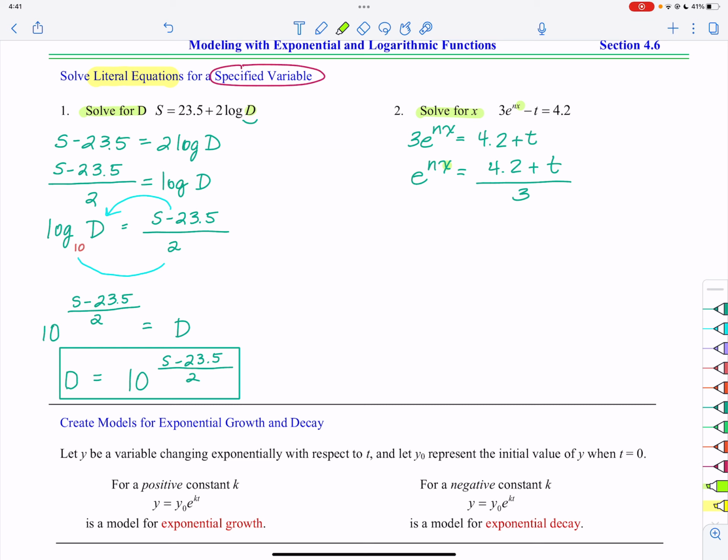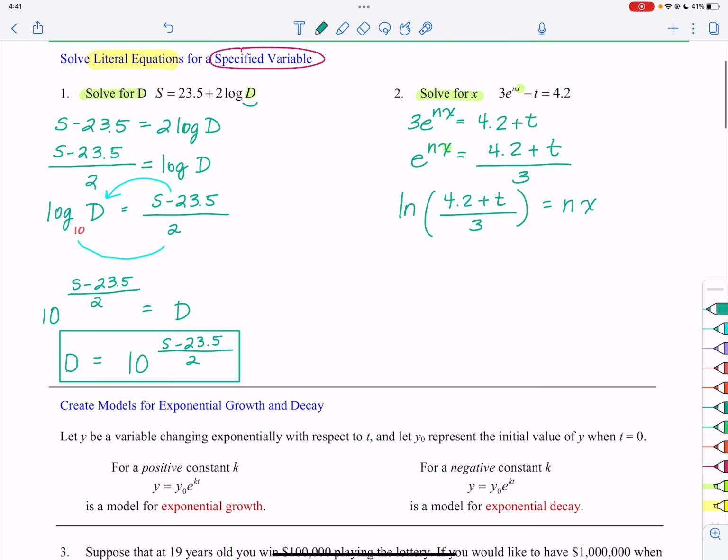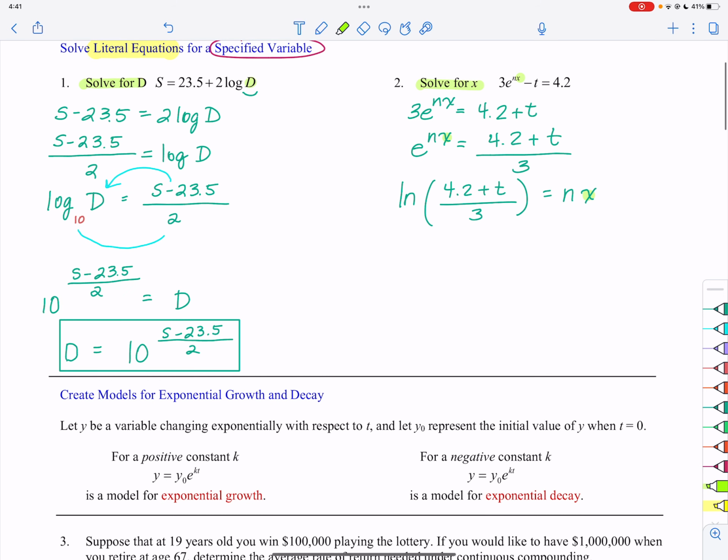So let's just go ahead and write this into log form, thinking about what base we have. We could say that the natural log of this expression, 4.2 plus t divided by 3, is equal to n times x.